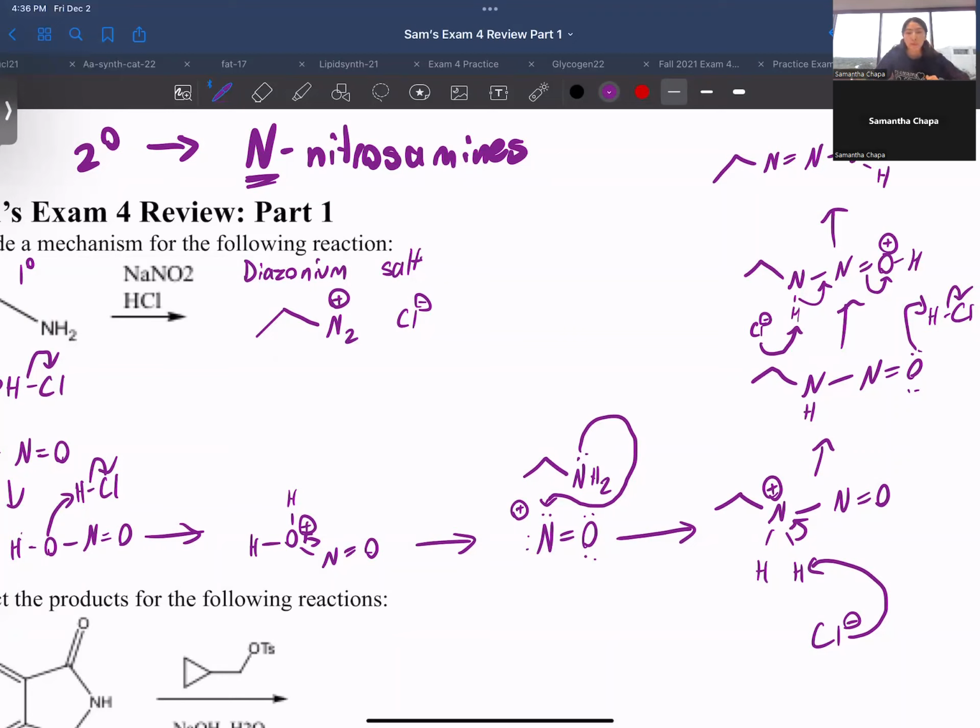And so we're going to do one more protonation. We're trying to get rid of that OH, so make it a good leaving group. Use HCl one more time. Oxygen will be your nucleophile this time, or your base. And we made another good leaving group.